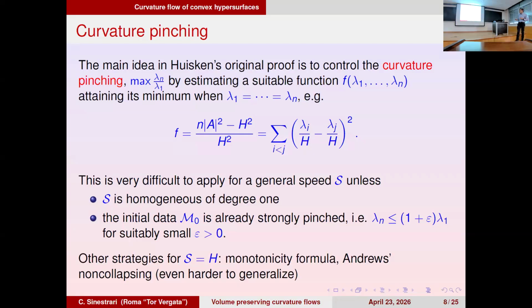In the mean curvature flow case, there have been other techniques alternative to Wiscan's original one to prove convergence to a round point, which are based, for instance, on monotonicity formula and the classification of shrinking solutions, or more recently on Andrews' non-collapsing estimate, but they are even harder, if not impossible, to generalize to flows with speed different from the mean curvature. So this is a direction I will not mention in the following.